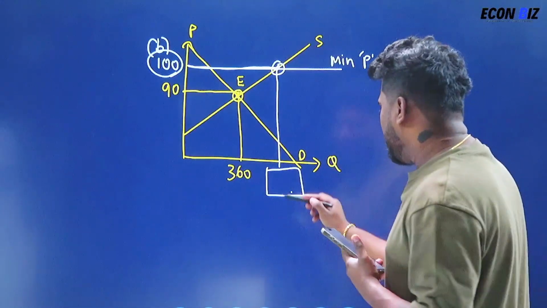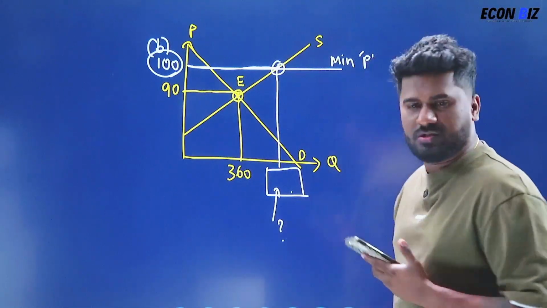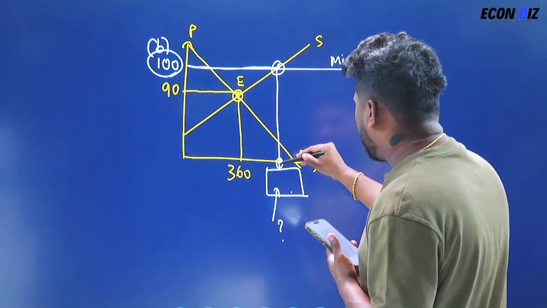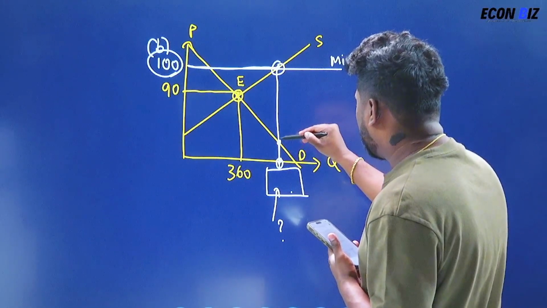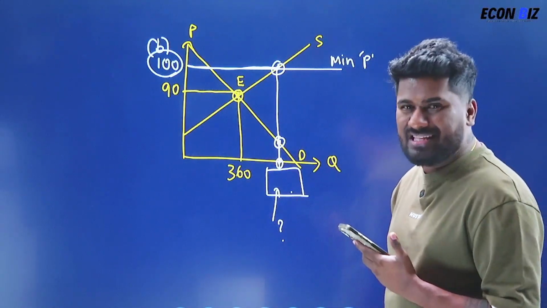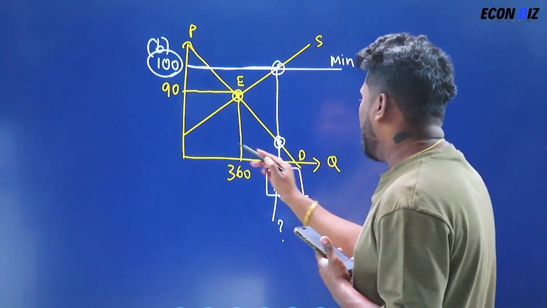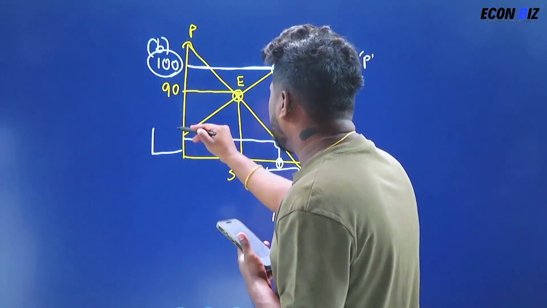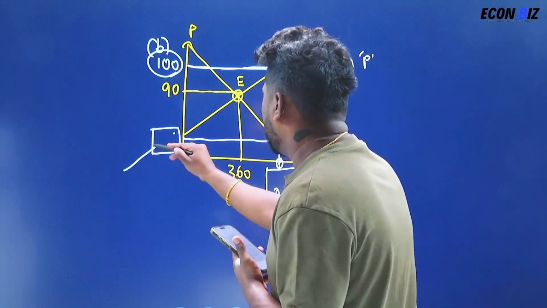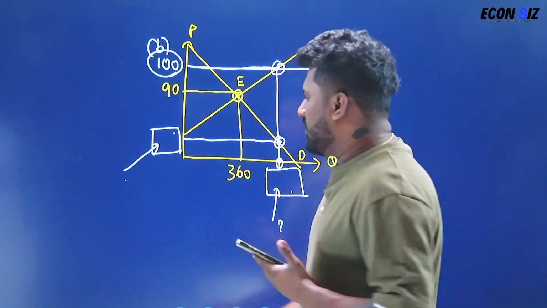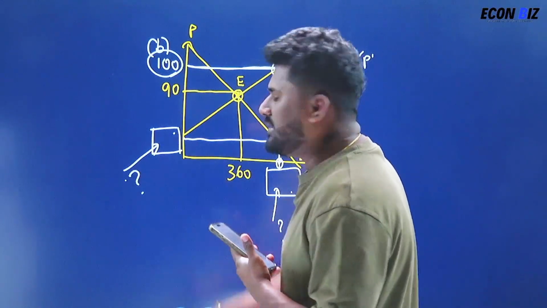Once this supplied quantity of the producers reaches the market, that means at this situation this quantity meets the demand curve, this price is paid by the buyers. Now they are asking this price in this part.